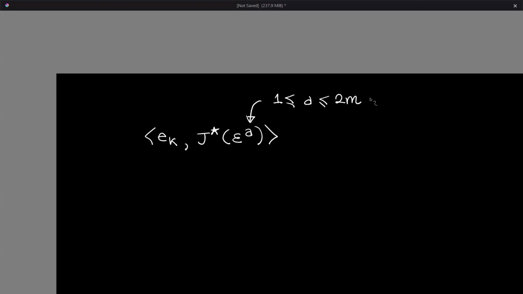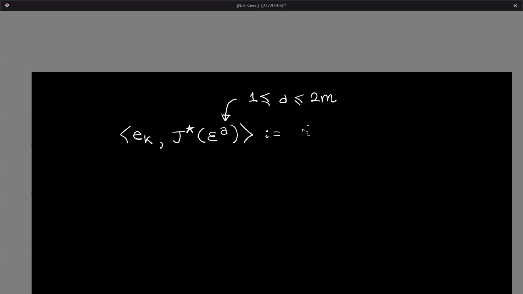So in order to encapsulate both epsilon I and epsilon m plus I, we're going to take A to go from 1 to 2m. So this is defined to be J of EK, and again, we're using the definition. Moving the J star to the other side just turns it into a J.